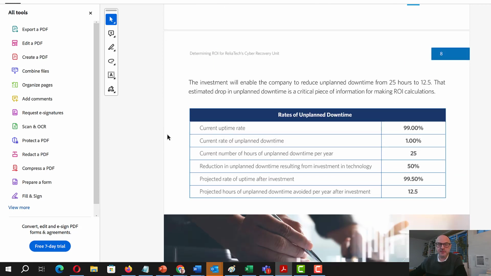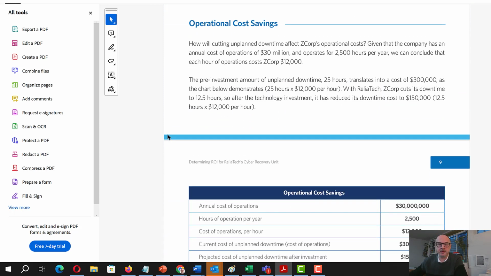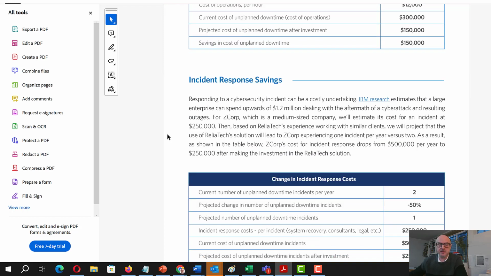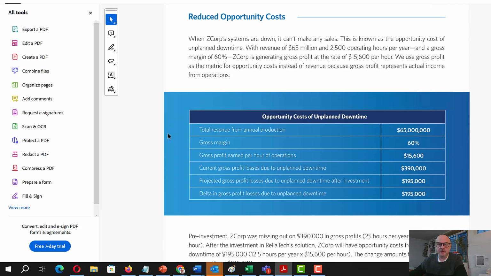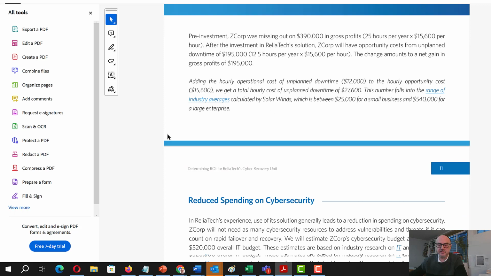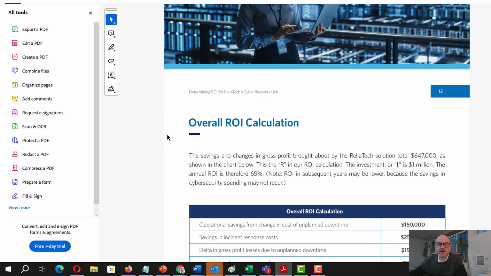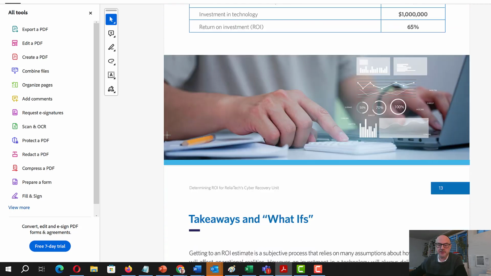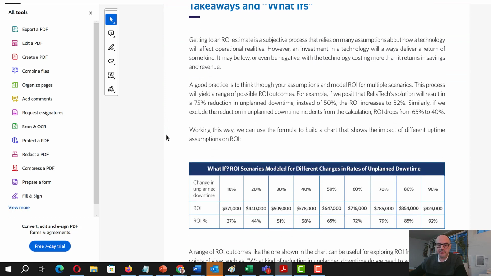We talk about the drivers of ROI for this solution. This would obviously be customized for you, but this is the way it works. Less unplanned downtime, fewer incidents, lower expenditures on security, and so forth. Then we have an ROI analysis section. These are the basic parameters of the prospect firm, followed by the rates of unplanned downtime and the potential reduction in unplanned downtime, operational cost savings.